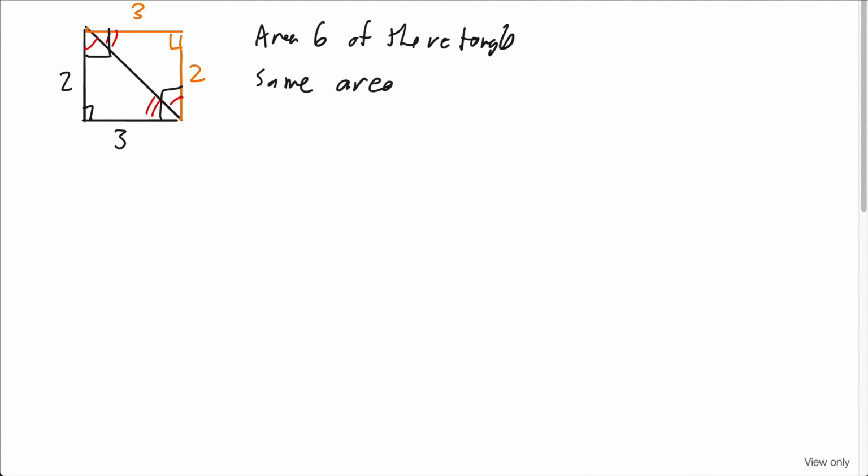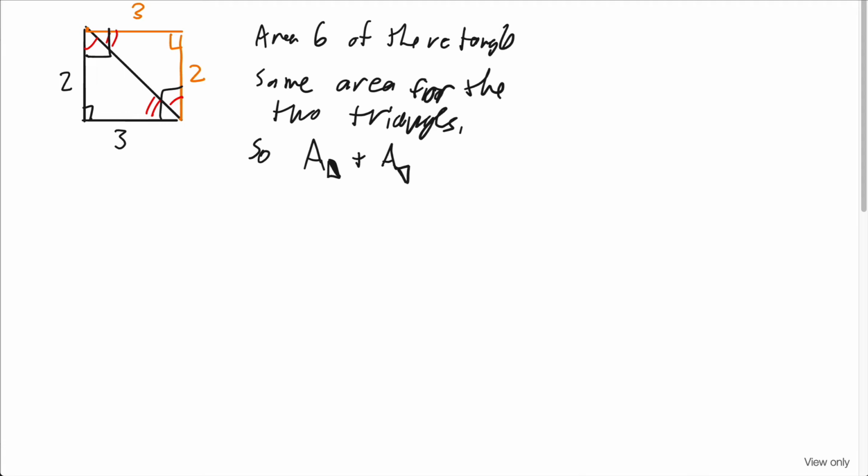Same area for the two triangles. And so the area of the one triangle plus the area of the other triangle has to equal the area of the rectangle.